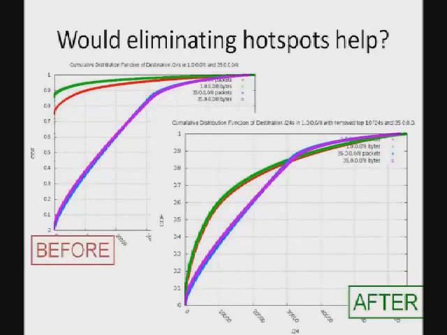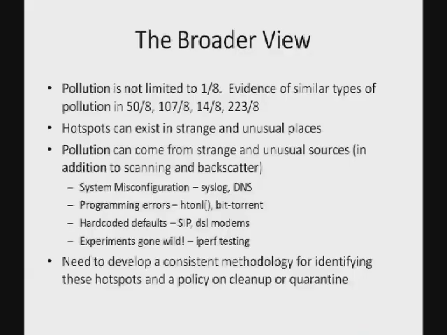If we were to subtract the top 10 polluted destinations in the 1/8, this is what the after curve would look like, which is relatively less hotspotting, and therefore you're probably much more usable in terms of address space. There's an interesting kink in the 35/8 curve actually, which is a side effect of the way configure targets address space. But that's a whole other talk.